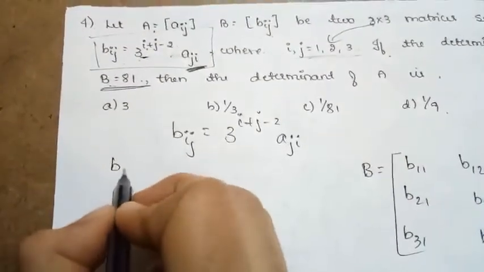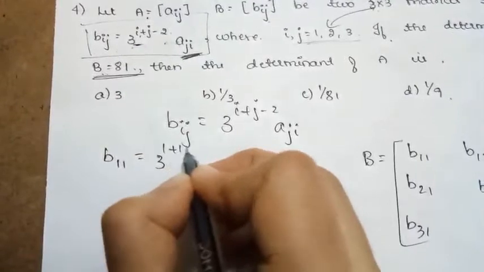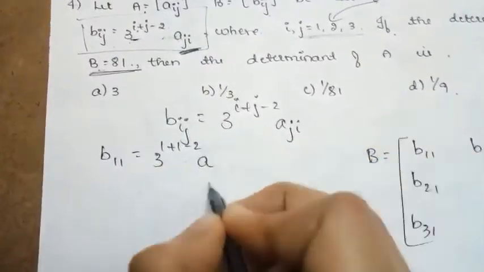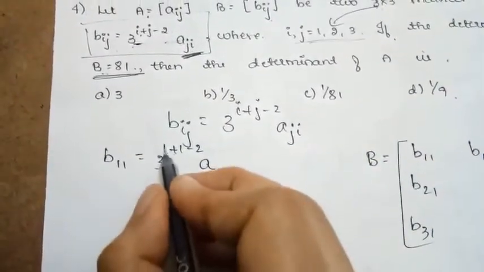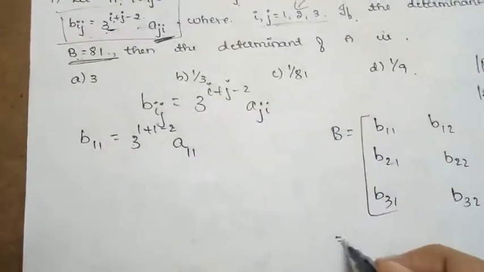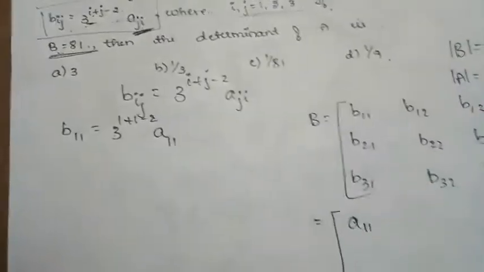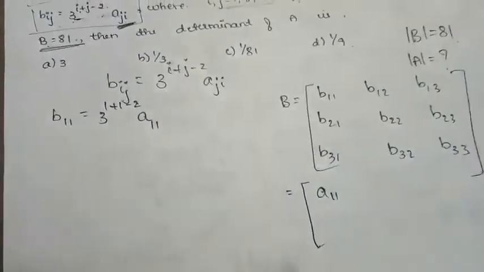So B11 means what? Our i and j value is 1. So 3 to the power 1+1-2, A11. So 1+1 is 2, 2-2 is 0. 3 to the power 0 is 1. So 1 into A11. We got our first element as A11.